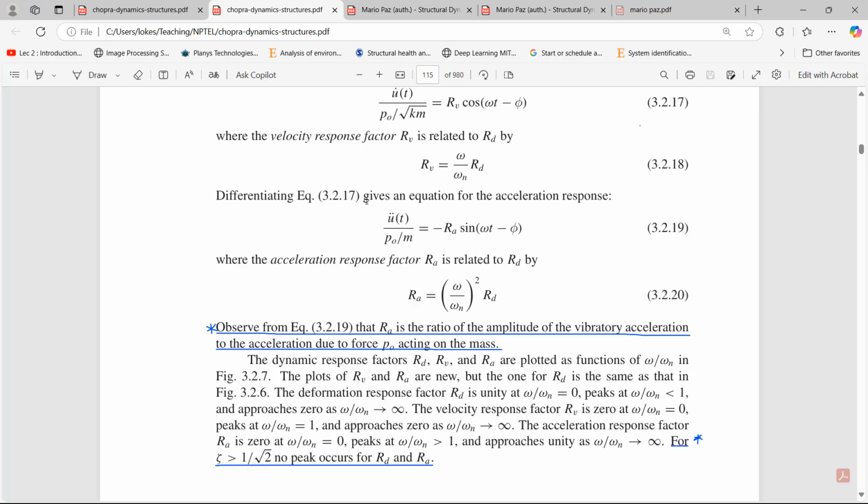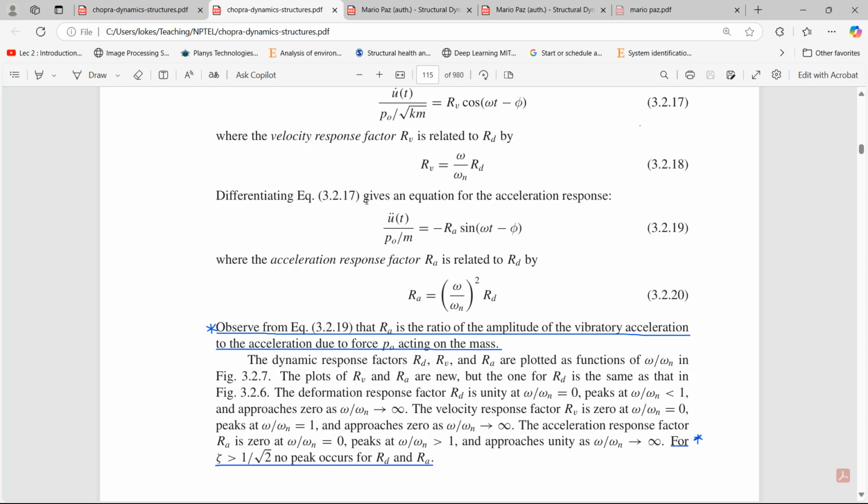Let's substitute here P naught by m, and Rd, we know, is 1 by square root of 1 minus omega by omega n whole square, the whole square, plus 2 zeta omega by omega n whole square. This term simplifies to 1 by 2 zeta, because the frequency ratio is equal to 1.